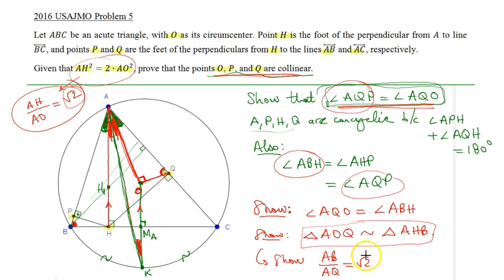So once we show this, it shows that AB is root 2 times AQ, but also AH is given to be root 2 times AO.